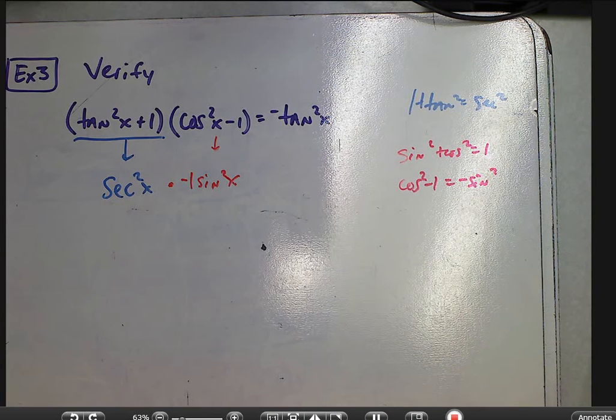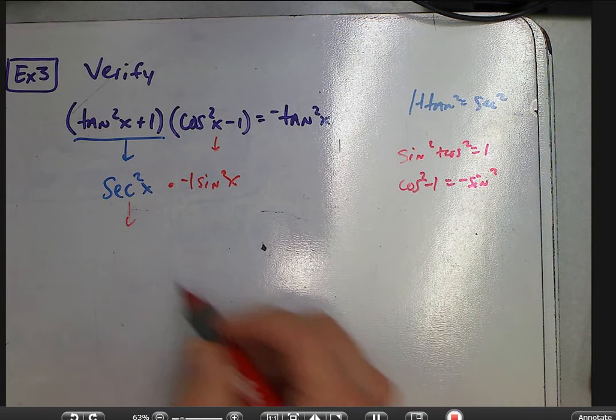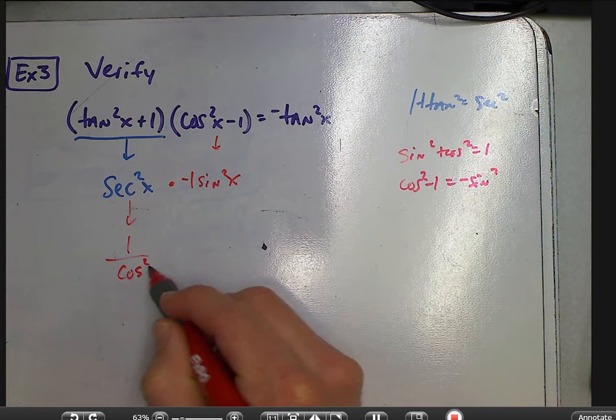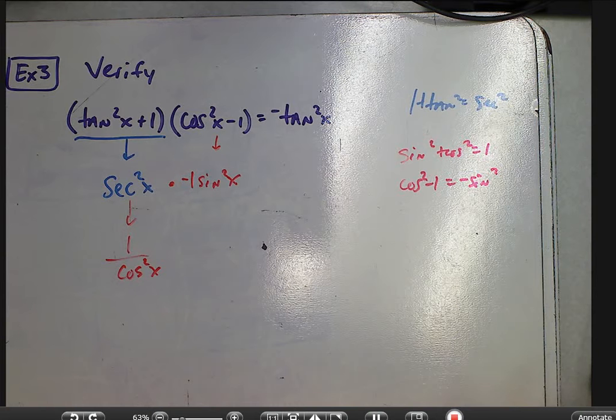We're getting a little bit closer to making that negative tangent squared of x. I know that secant squared becomes 1 over cosine squared x. And I know that sine squared x is equal to cosine squared tangent squared.